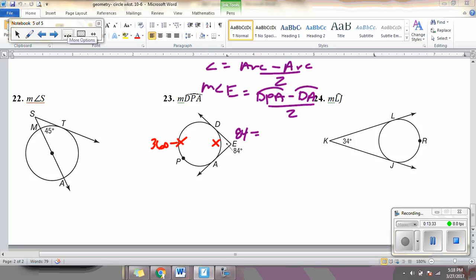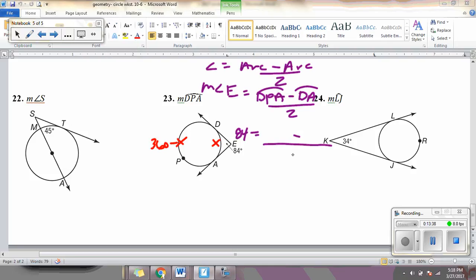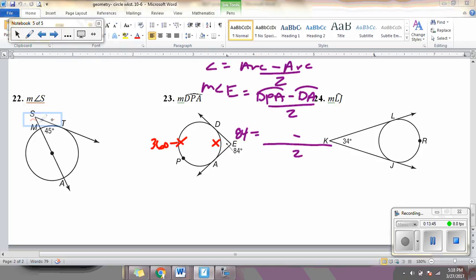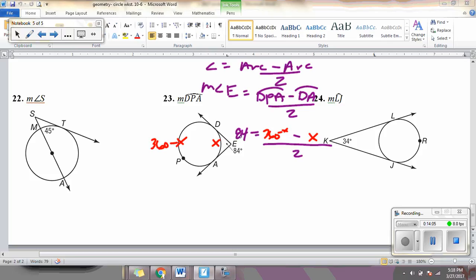Arc DPA is going to be replaced with 360 minus X. And arc DA is going to be replaced with X. Now we are going to put 84 over 1 and then cross multiply.